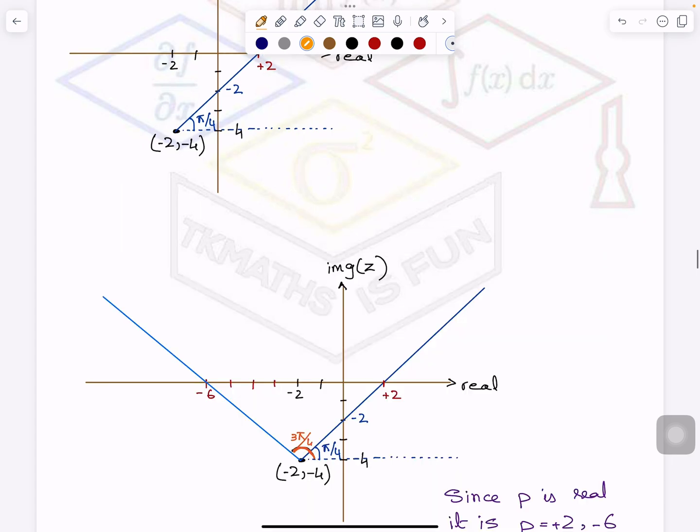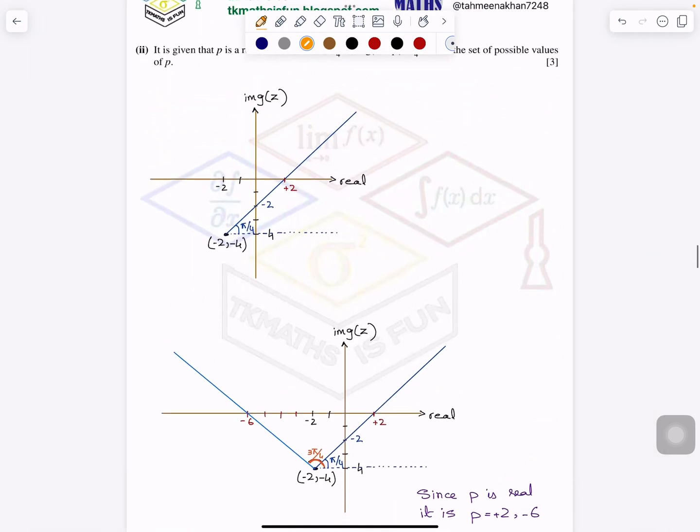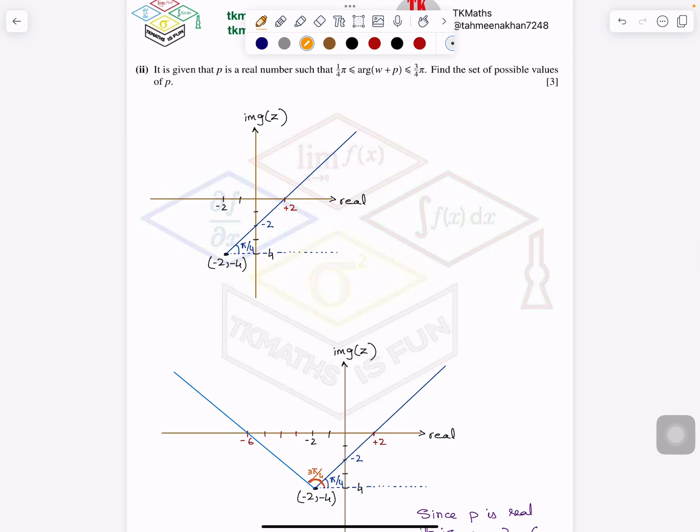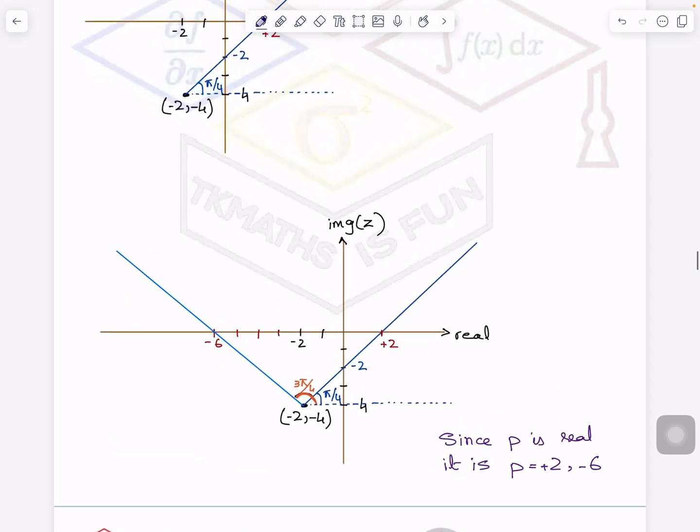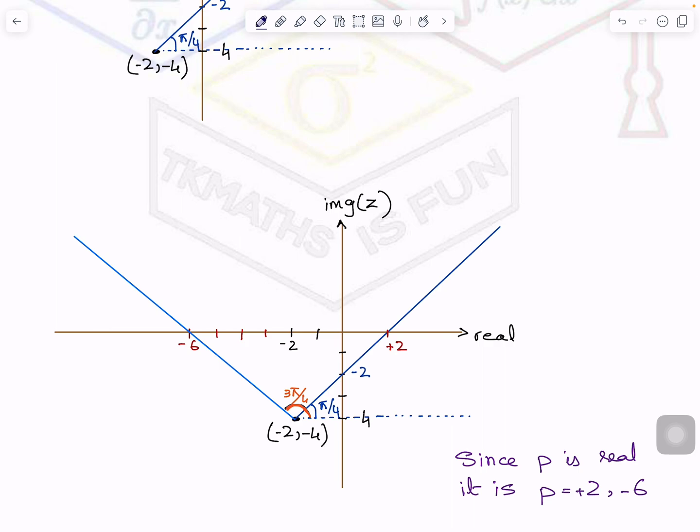So now if you see this line, this one, let me increase the size here. So this is your 3 pi by 4, which is 135. I hope you understand how. So this is 3 pi by 4.